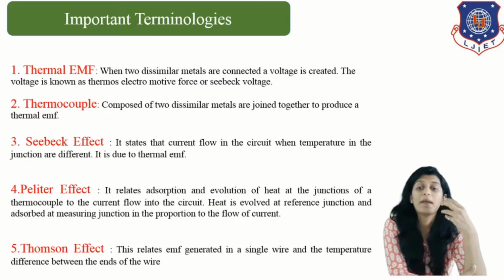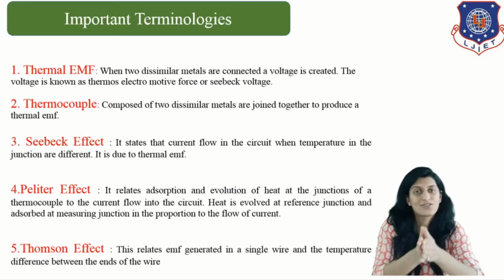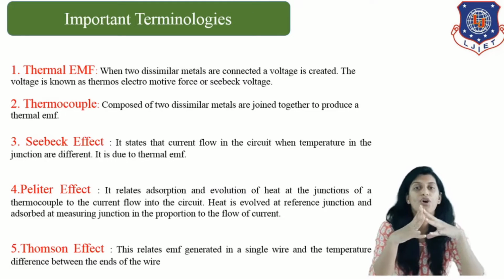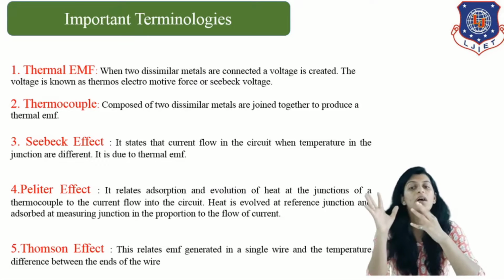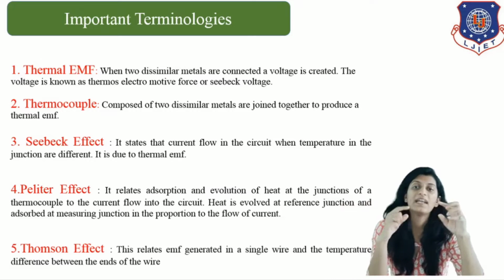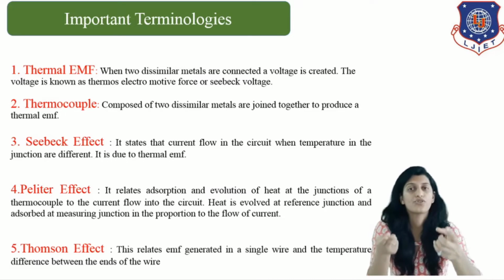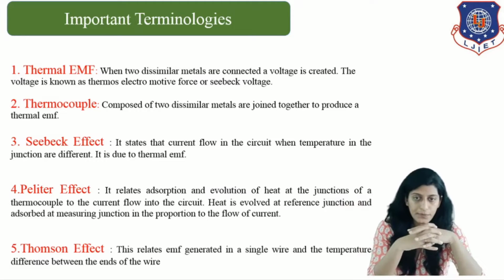Then there is the Peltier effect. What do we mean by Peltier effect? The Peltier effect relates absorption and evolution of heat at the junction of a thermocouple to the current flow in the circuit.